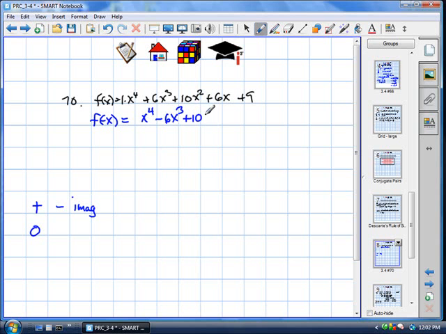So this is going to be a negative 6x, and that's going to be a plus 9. All right, how many signs? Is everybody with me on that? No? Everywhere there was an x, I was plugging in in parentheses a negative x.